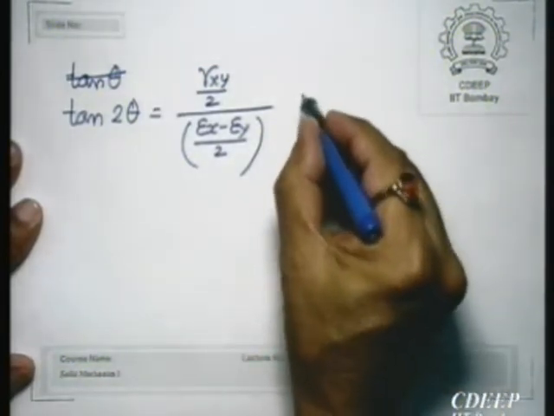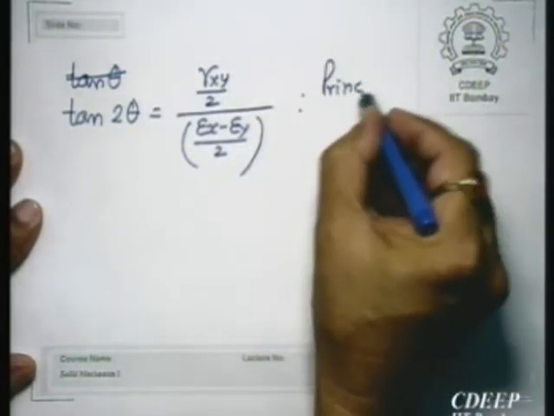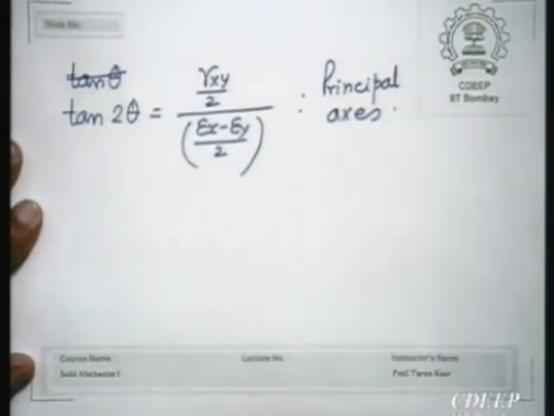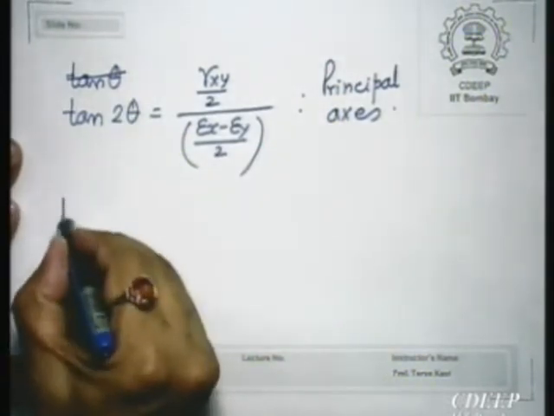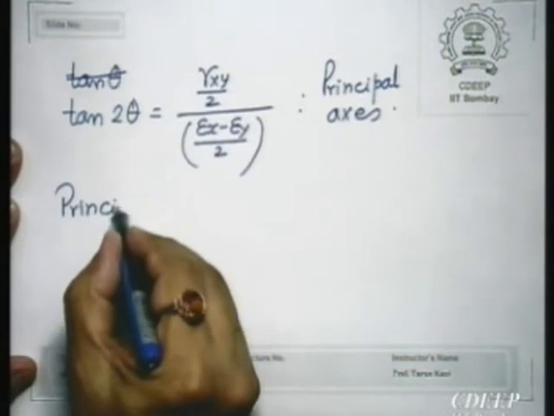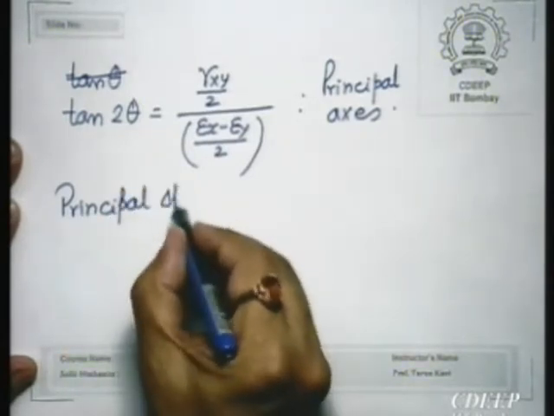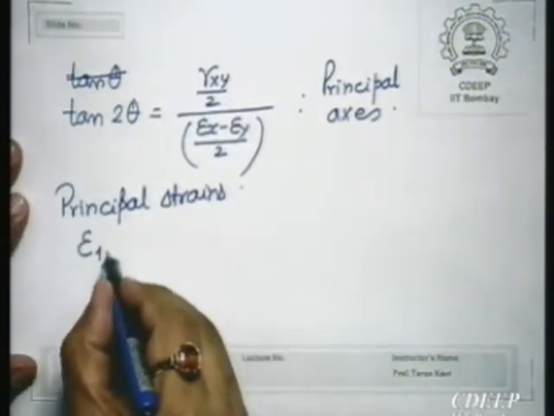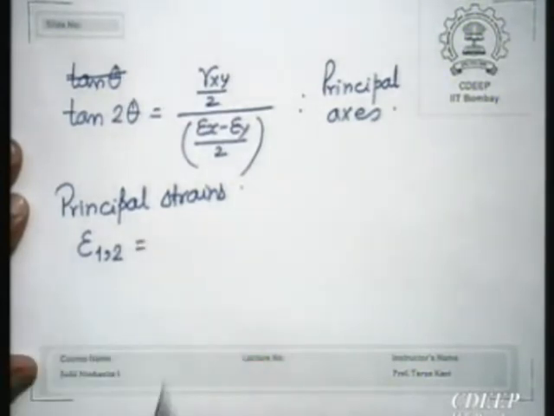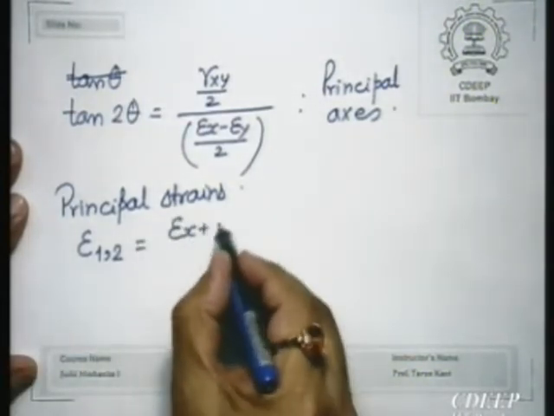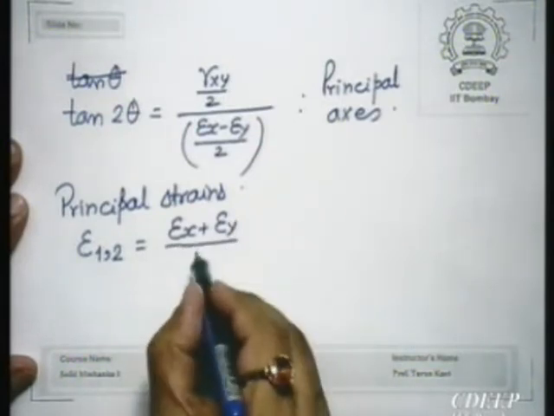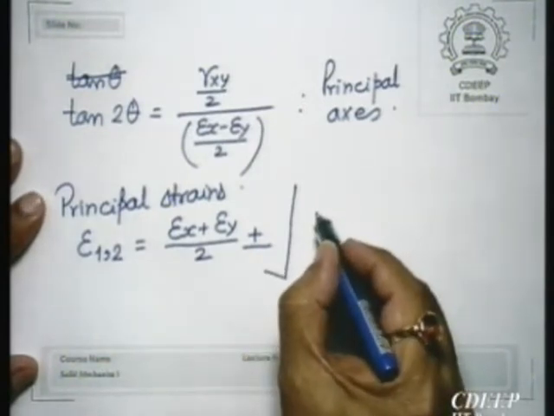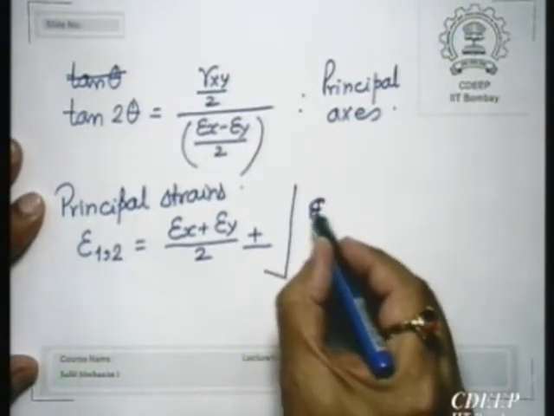So, this will give you the angle, and the principal strains, that is normal strains 1 and 2, if you call them 1 and 2. I am taking the results from stresses.